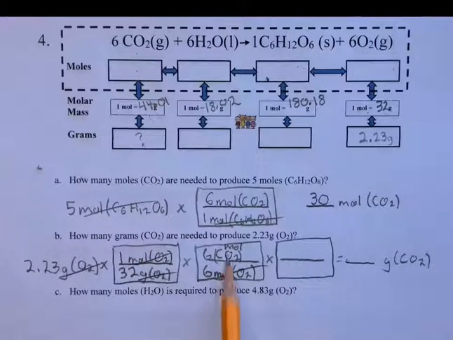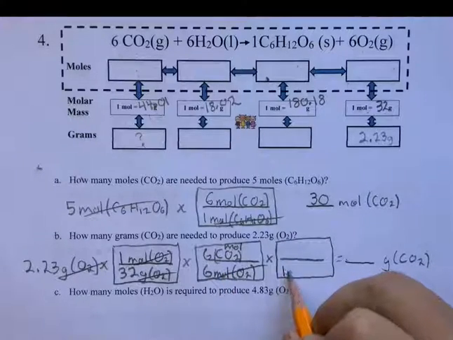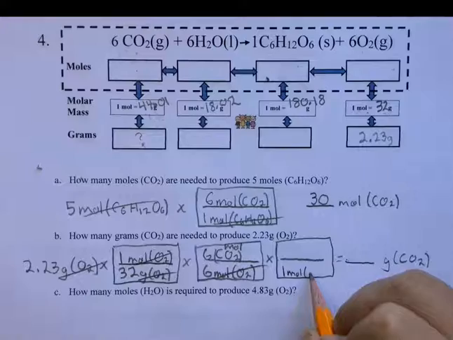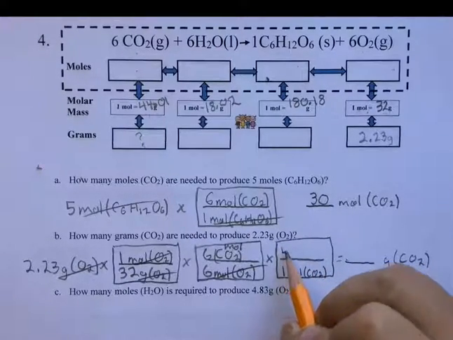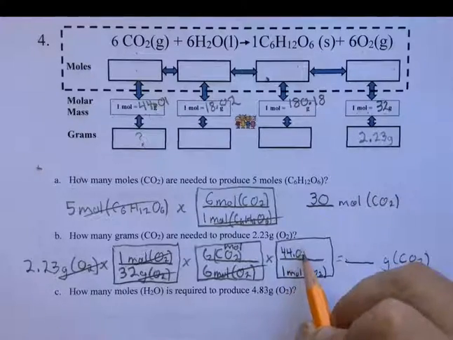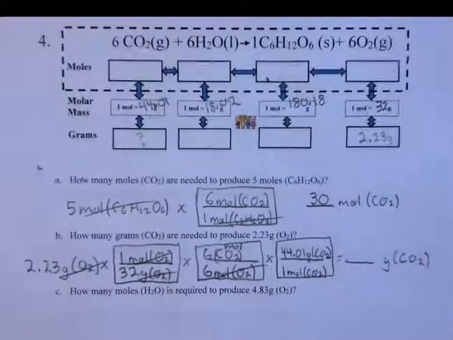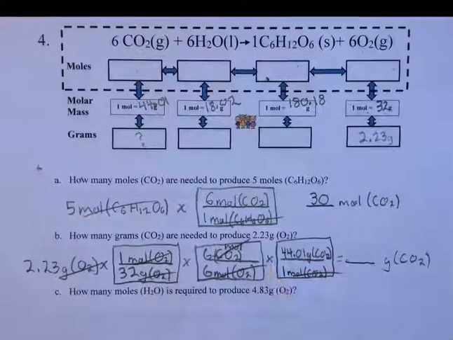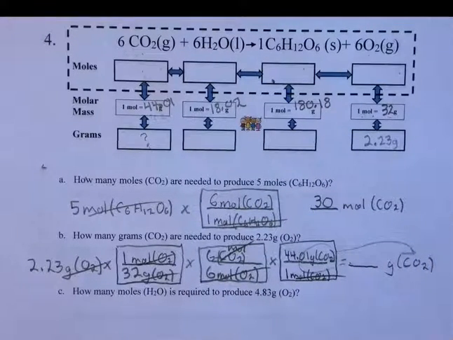Which one are we going to use? Well, we have moles of CO2 on the top there. So it's going to be 1 mole because it's a molar mass conversion. And on top is 44.01 grams of CO2. Boom. Okay, moles of CO2 cancels there and there. Last man standing. Boom. So now you can do your math.